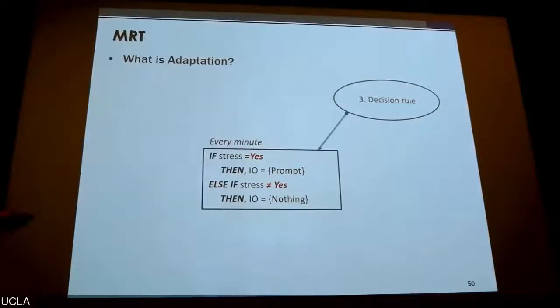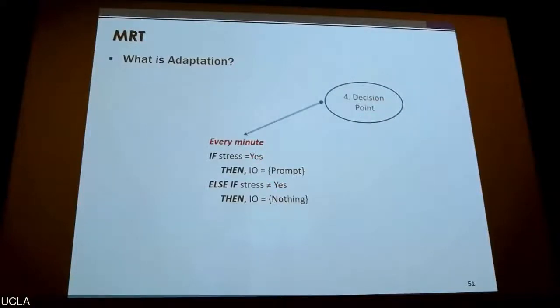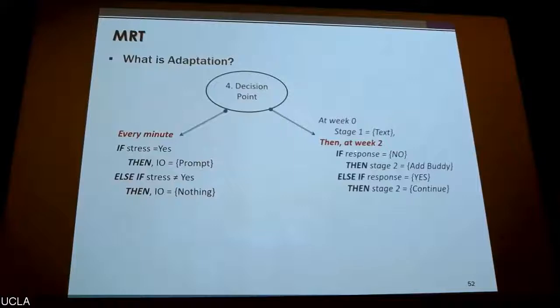It specifies the conditions in which we need to provide the prompt, the conditions in which we need to provide support. Do you see that? So here, the conditions, the right time to provide support based on this decision rule is when stress occurs, right? And you have a decision point every minute. Look at this compared to the previous adaptive intervention, where we had a decision point over 2 weeks, right?